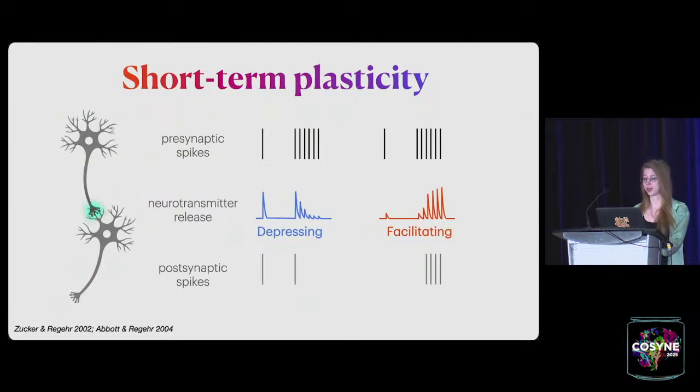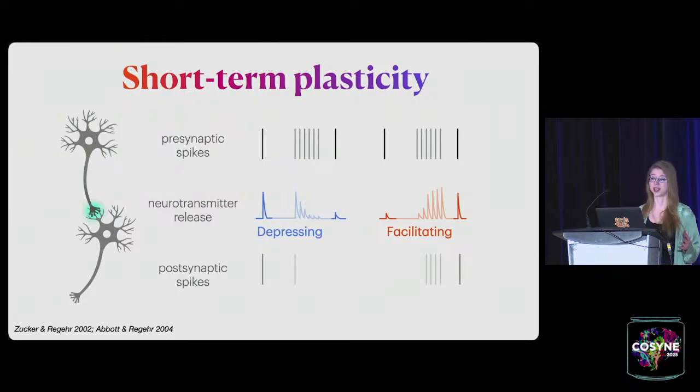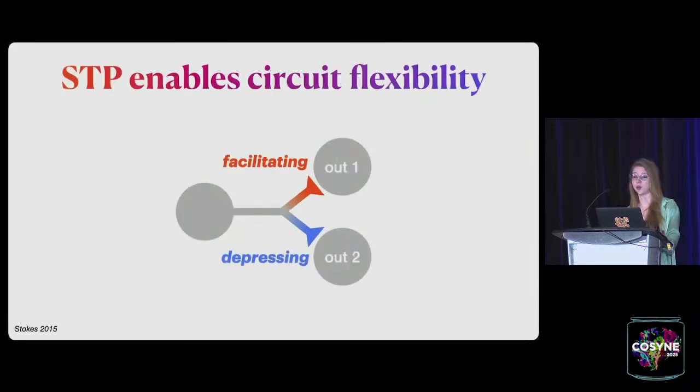These two forms of short-term plasticity not only act as frequency filters for selectively transmitting different firing rates, but they also provide a temporary trace or memory of recent presynaptic activity, since their effects can last for hundreds of milliseconds before returning to baseline. To illustrate how these two processes could reconfigure the response properties of a circuit, we can imagine one input neuron connected to two output neurons.